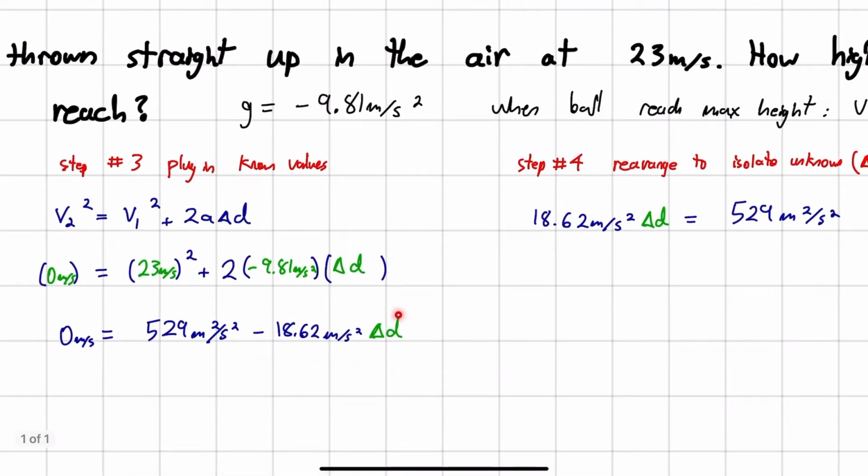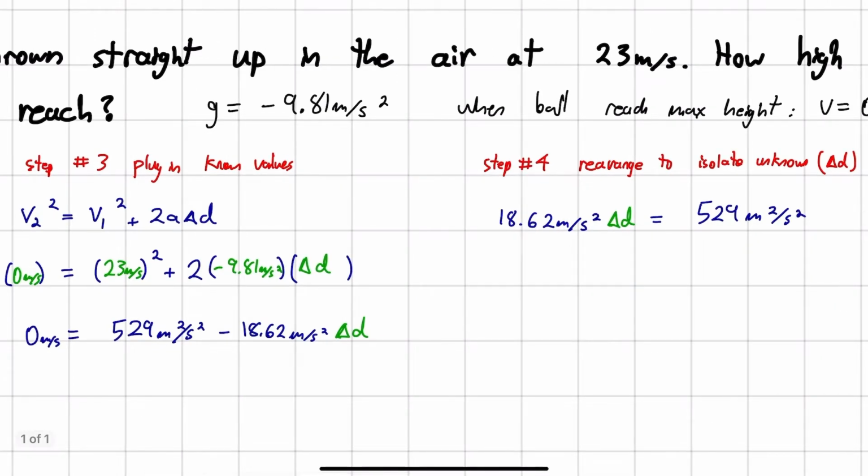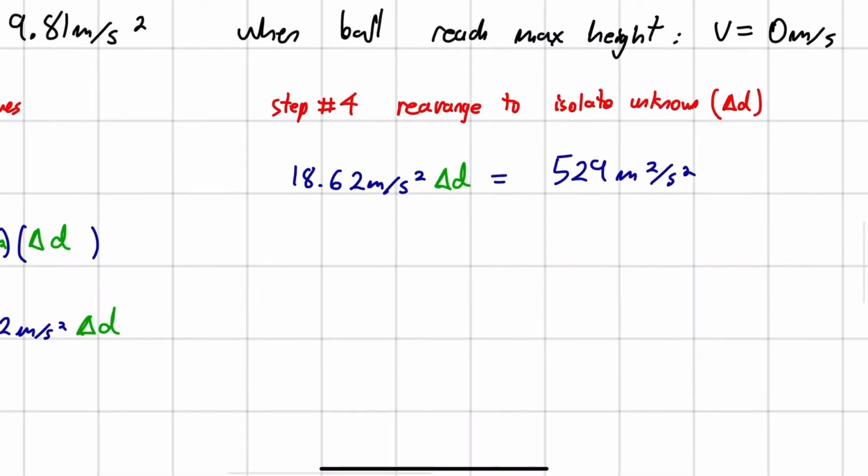When we switch the side of the equation, we have to change the sign. So our negative on the other side will be a positive. So this is plus 18.62 times delta D is equal to 529 meters squared per second squared.